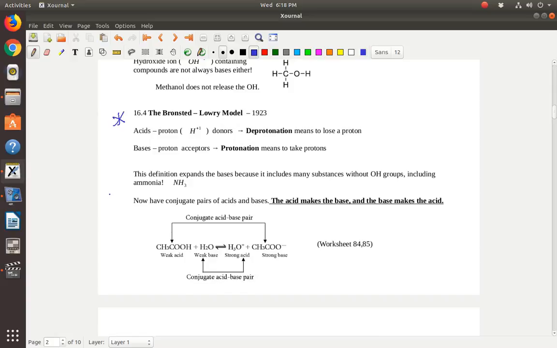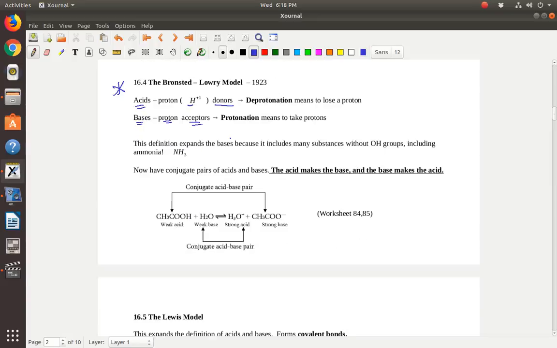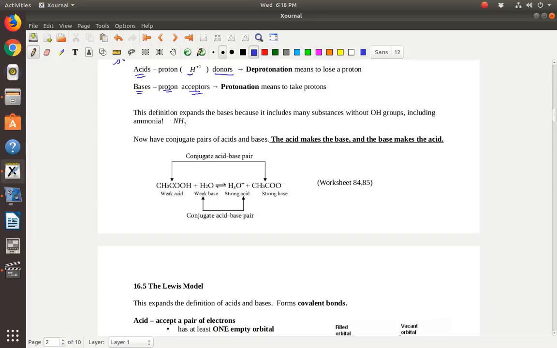This one was super important. Here, acids are proton donors, and bases are proton acceptors. If you donate a proton, you're deprotonated, you lose it. If you accept the proton, you're protonated, you gain it. Then we made conjugate acid-base pairs, and we will review those together in class.